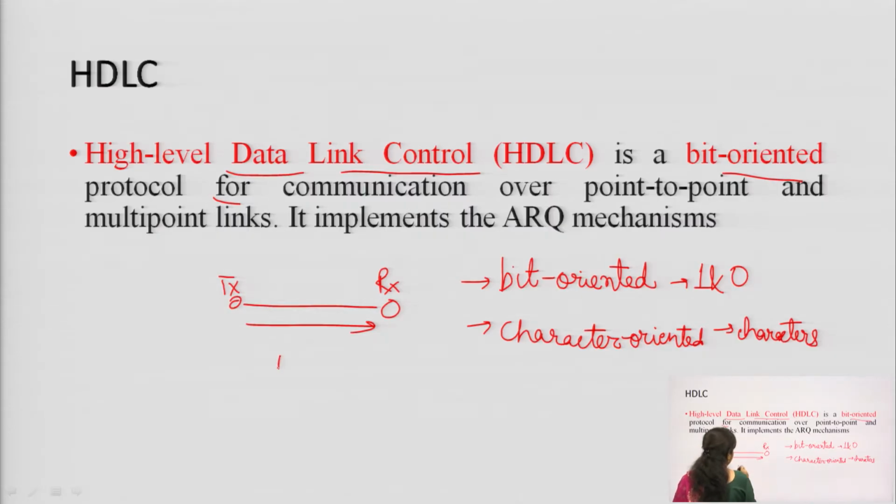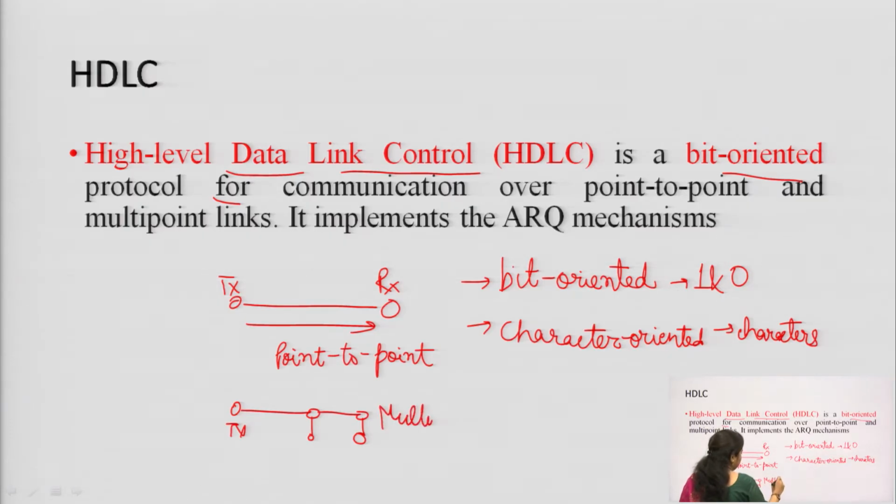This is known as a point to point link, where only 2 devices are connected together for the purpose of communication. There is no third device available for transmission. Next is the multipoint, where there is only one transmitter and there may be more than one receiver. That is the case for multipoint.